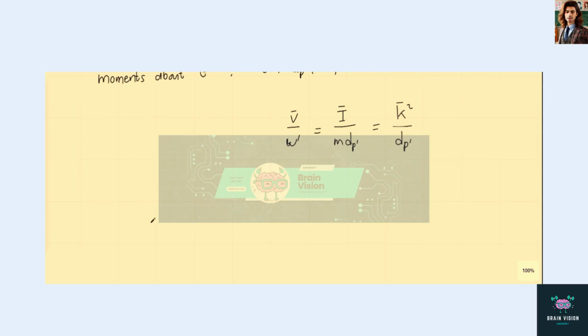So let's look at our diagram like before. We have point G at the center moving with velocity v bar prime. And then we have our instantaneous center C prime, a distance we'll call dC prime from the mass center.